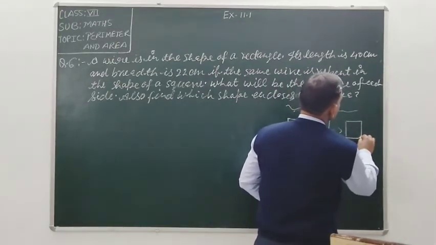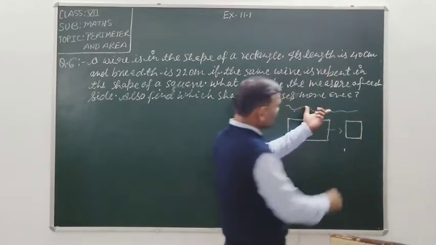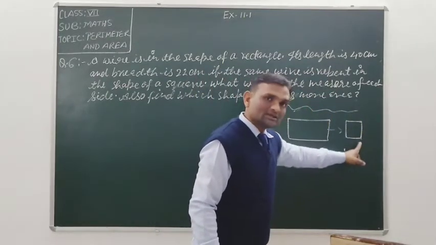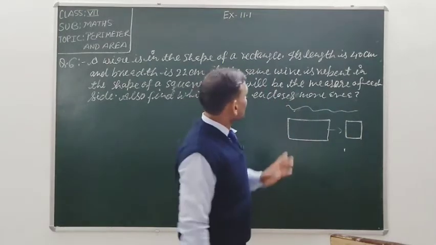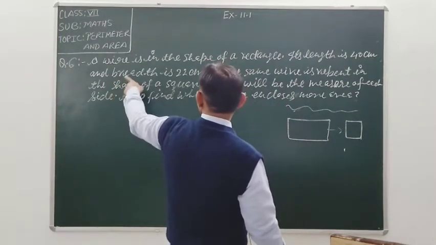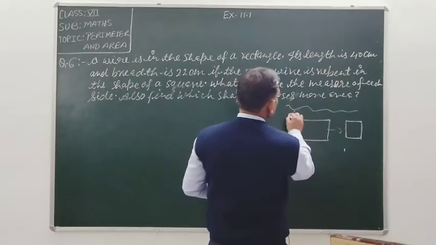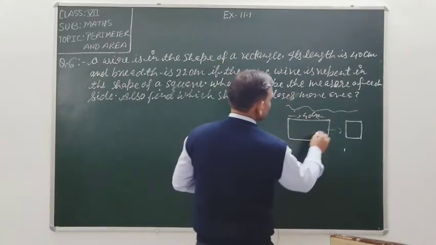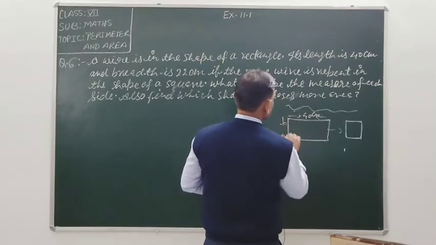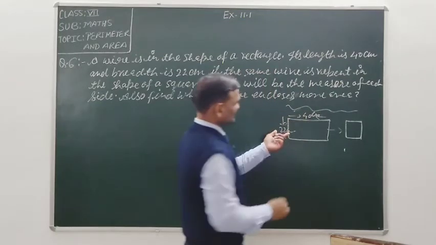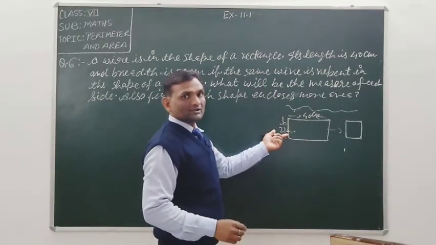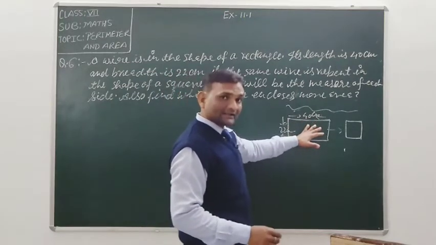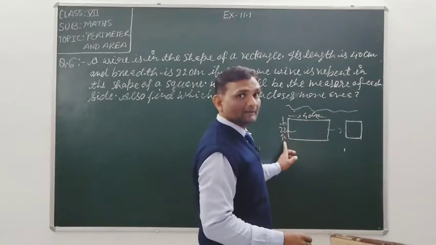The wire length is same, and with the same length of wire we made a square. And length of the rectangle is 40 centimeter and breadth is 22 centimeter. The length of the rectangle and breadth of the rectangle is given.